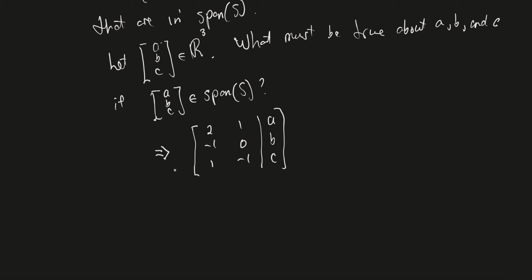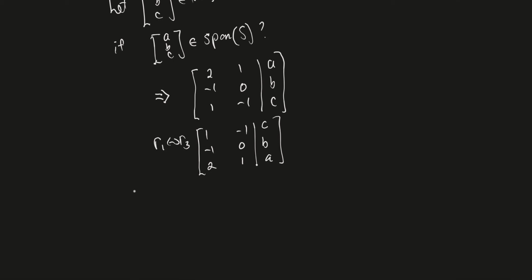So let's go through the process, and it might look familiar to you. We're going to swap our third and first rows. Then I get my 1, -1, and then my c is now up here, and then -1, 0, b is still in the middle, and then 2, 1, a makes up my third row. So again, let's eliminate the -1 and the +2. So R1 plus R2, -2 R1 plus R3.